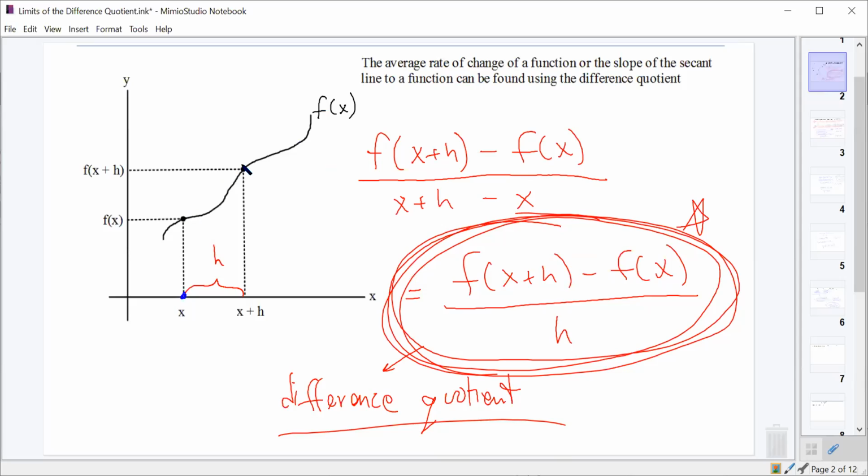We have this secant line. We have this long interval. It might be between 1 and 2, or it might be between 1 and 100, where we're finding the slope. Well, if we really want to concern ourselves with what's happening at an instant, at just, let's say, just at x, what do I need to do with h?